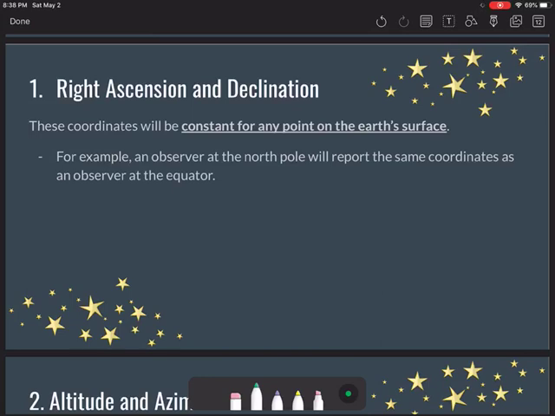So if I'm standing at the North Pole, someone else is standing at the equator, and I say, hey, look at the stars, here are the coordinates using the right ascension and declination, we can both use those coordinates to find and look at that exact same object. So they are not location specific in terms of where that observer is located. Rather, they are good to go for any observer standing at any location to observe the exact same object.